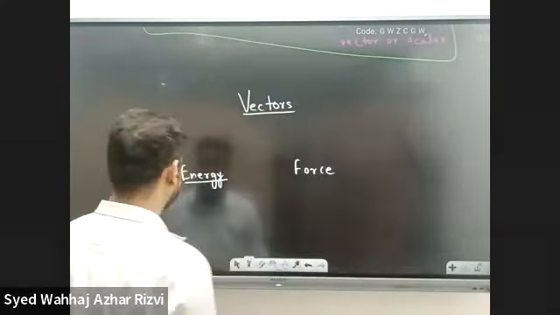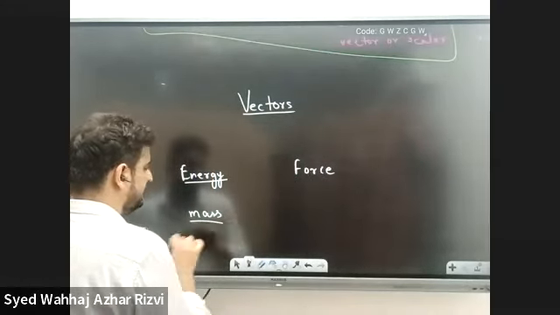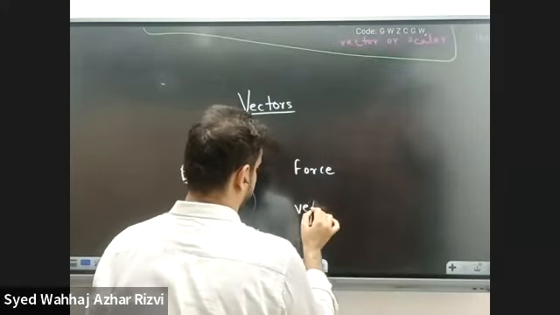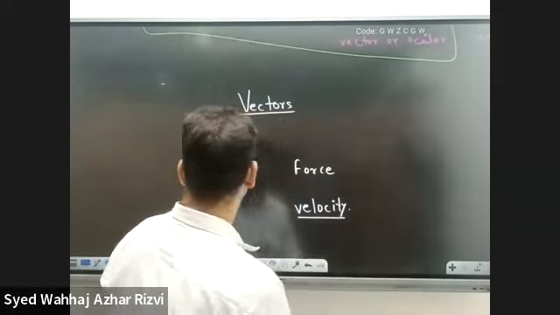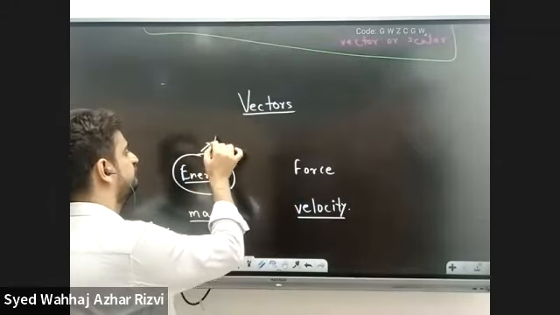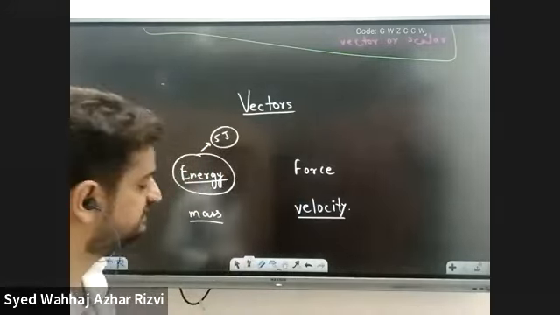Then there is a physical quantity known as mass, and another known as velocity. Whenever we are talking about energy, let's say a person has 5 joules of energy.